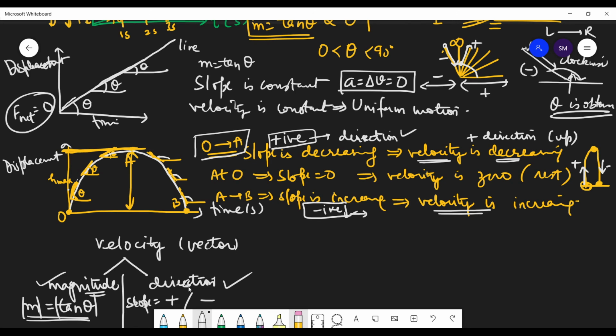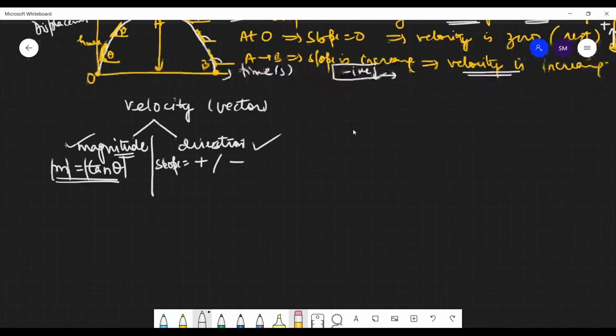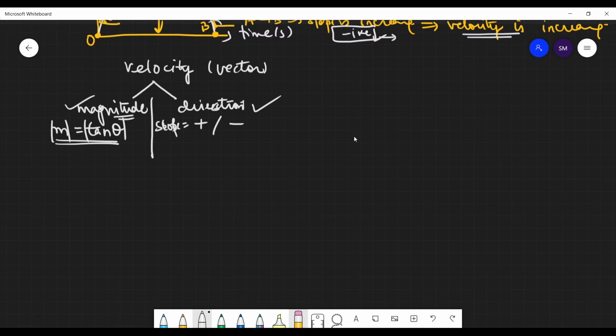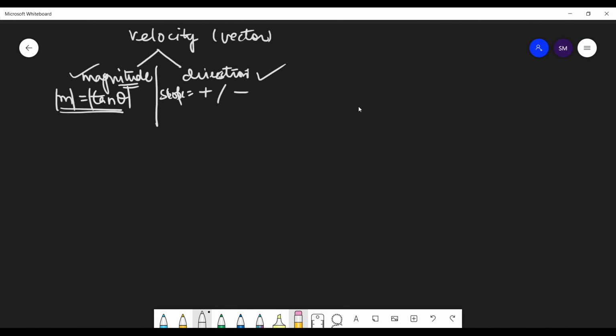Now let us do some questions of velocity time graph, which will tell you whether it is a one dimensional motion. One dimensional means direction along a straight line.